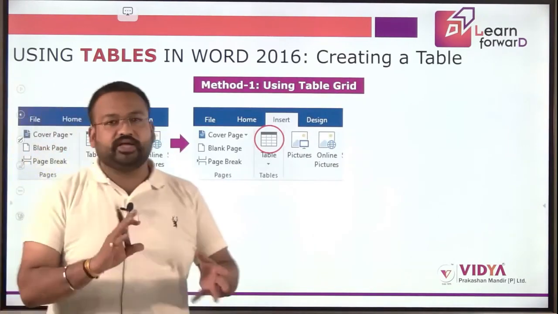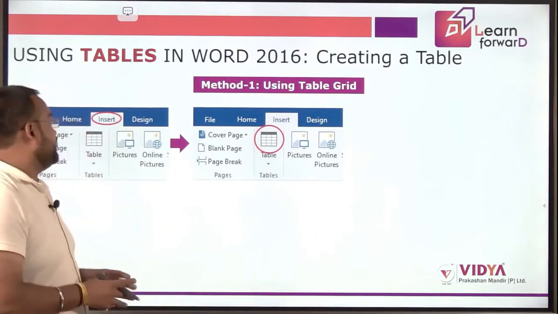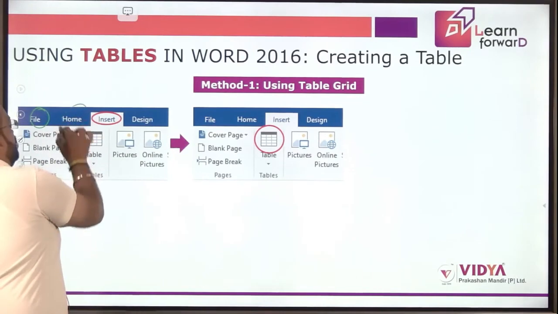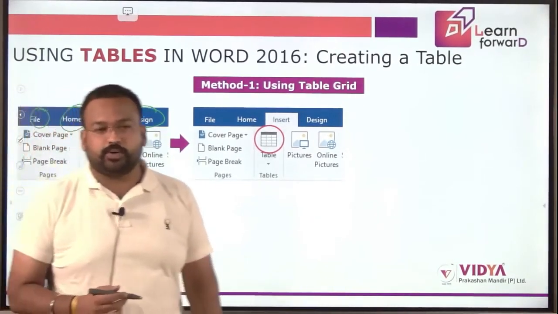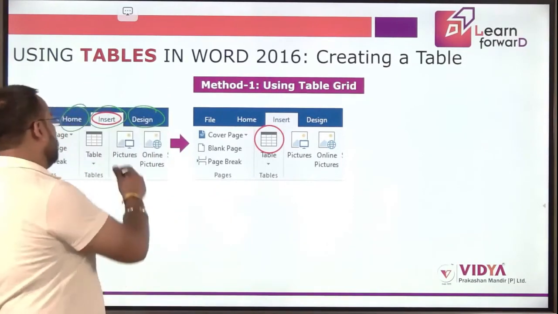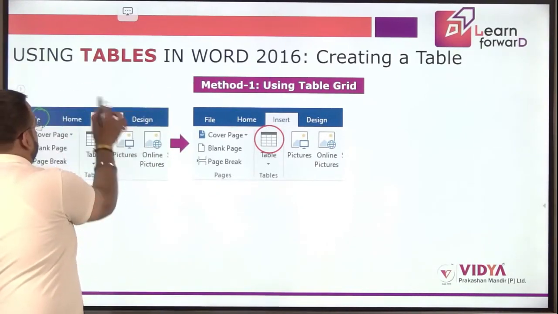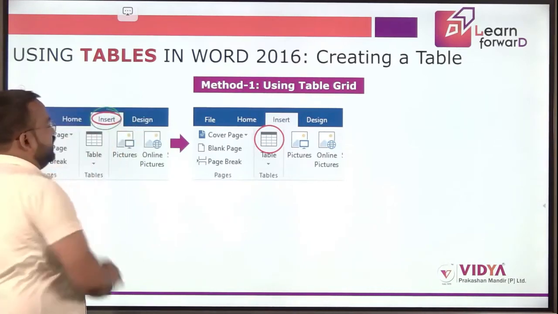Now, how can we insert a table in our Word document? Yesterday we saw that on the ribbon we get multiple tabs. These were the tabs that we talked about on the ribbon. Inside these tabs you will find this Insert tab.